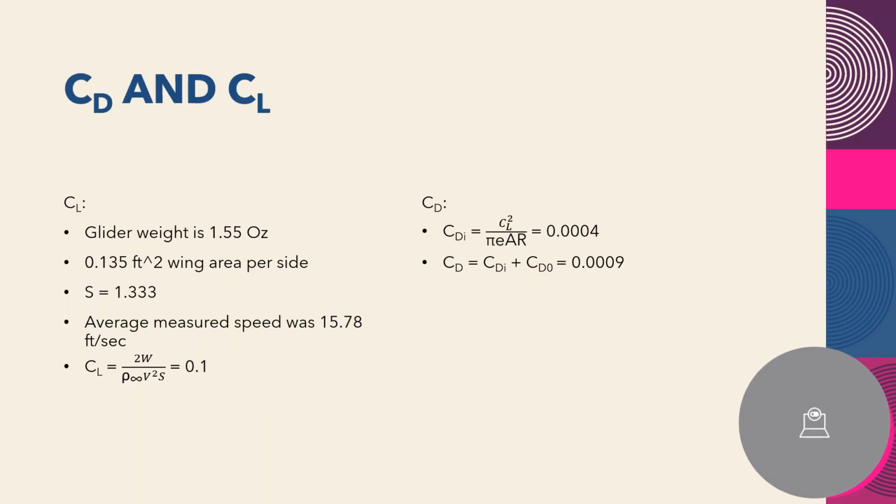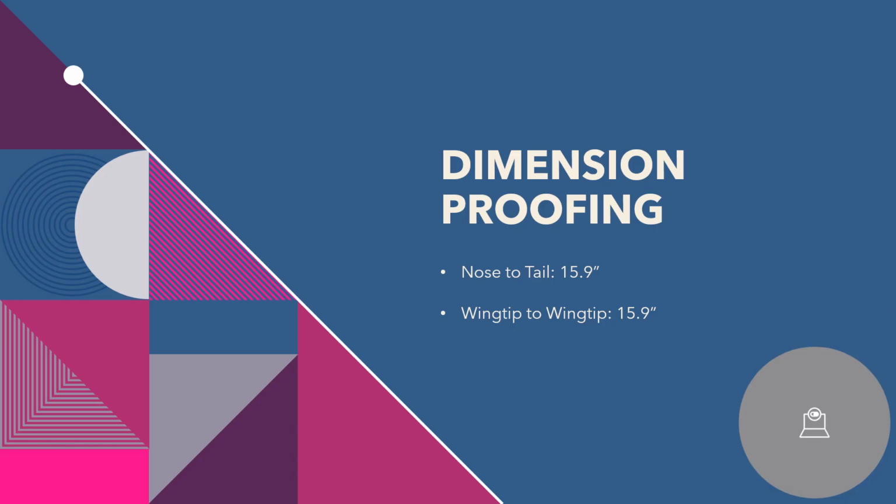I decided to use the recommended method using the glider's weight, and by finding average velocities, I found that the coefficient of lift was about 0.1, and the total coefficient of drag was equal to 0.0009. As just mentioned, this glider is supposed to fit within a 16 by 16 inch box. When measured, my glider came out to 15.9 inches in length from nose to tail and 15.9 inches from wingtip to wingtip.